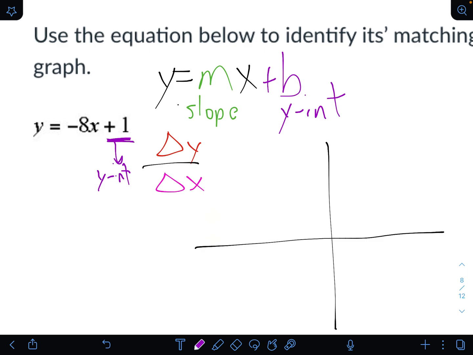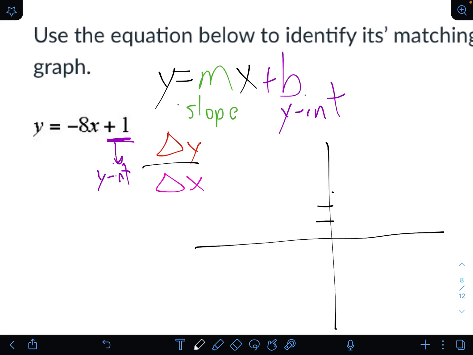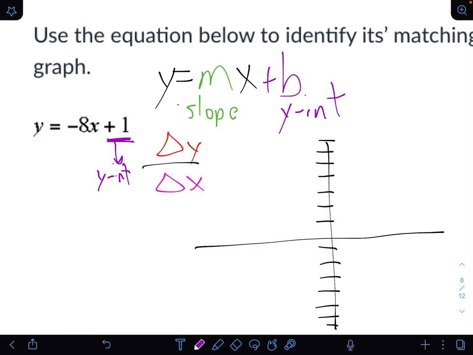So intersects our y-axis at 1. So let's get this here. 1, 2, 3, 4, 5, 6, 7. Here you go. It intersects it at 1. So this right there is the y-intercept.